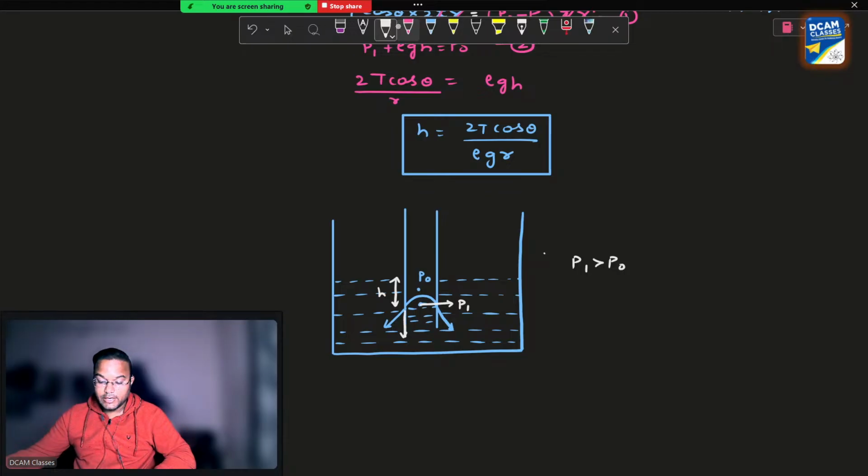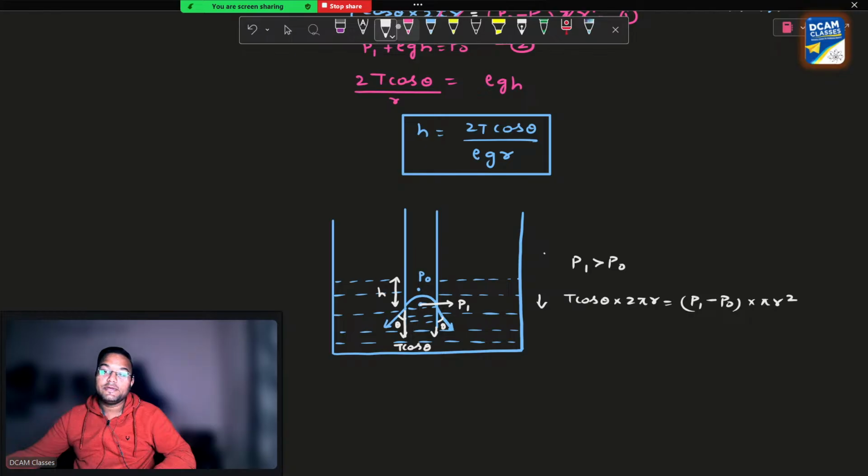T cos theta will act downwards because this will be angle theta in this case. Now T cos theta into 2 pi r, the force is downwards. This will be balanced by P1 minus P naught into pi r square.